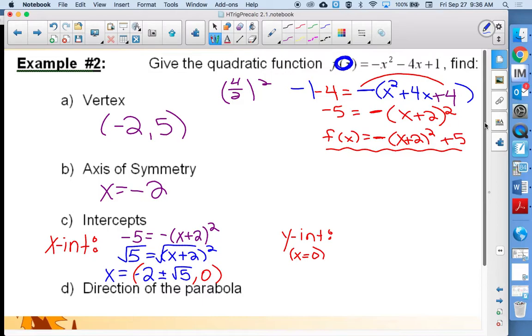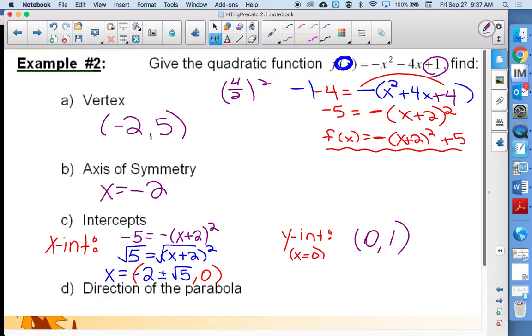So if you go back to the starting problem, if I make x 0, Lauren, what's the y-intercept? A 1. This guy right here is your y-intercept if you go back to the starting point. Because if x is 0, my x squared is gone, my 4x is gone. So that last number will always be your y-intercept if you go back to that original problem. So the y-intercept is that last little piece of the problem.